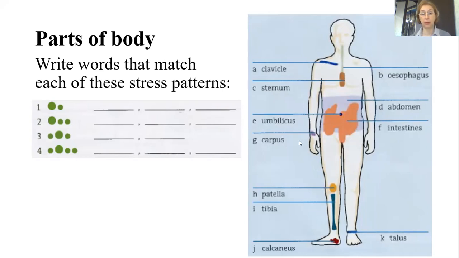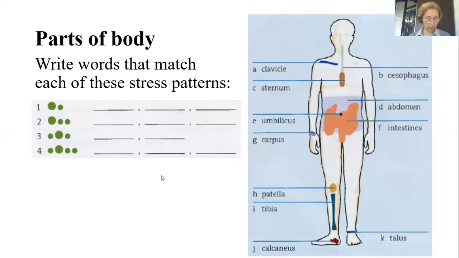Intestine? Yes, Emma. Eman? Hello? Can't hear you. The second group is abdomen and also abdomen and esophagus, I think.